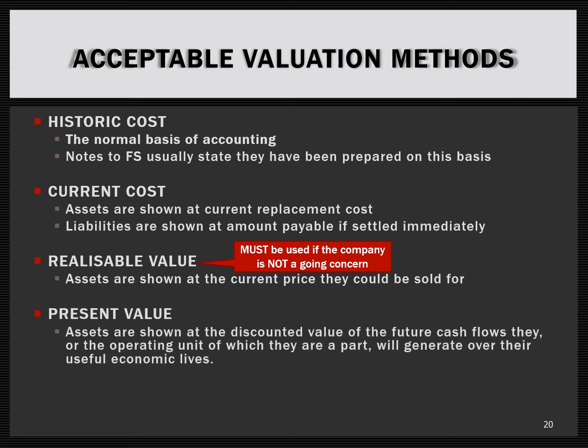And finally, present value, that's the discounted value of future profits that we think are going to be generated as a result of using that particular asset. So all of those bases are allowable under the conceptual framework, but nearly all companies will use historic cost subject to the revaluation of some non-current assets.